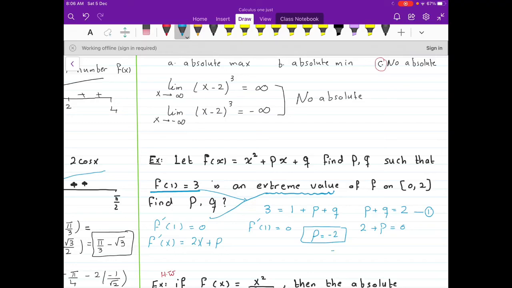Find q: minus 2 plus q equals 2, so we get the value of q equal to 4.